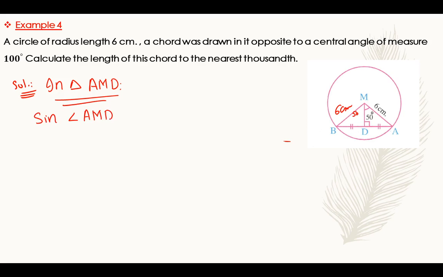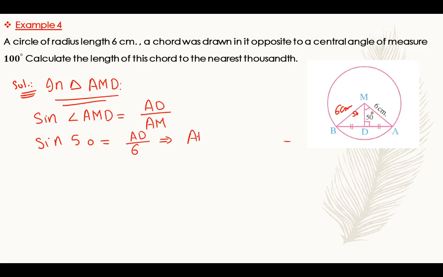Sine of angle AMD equals opposite over hypotenuse. The opposite is AD and the hypotenuse is AM. So we can write sine 50 equals AD, the unknown side, over AM, which equals 6 cm.